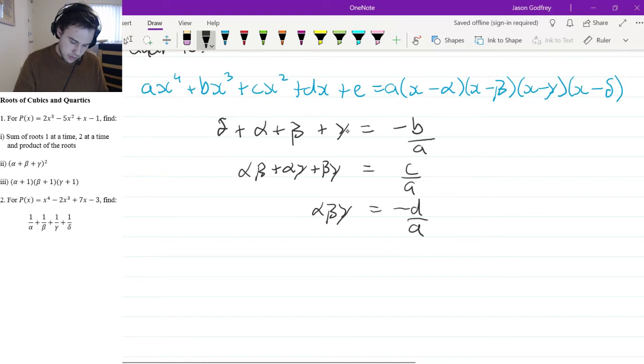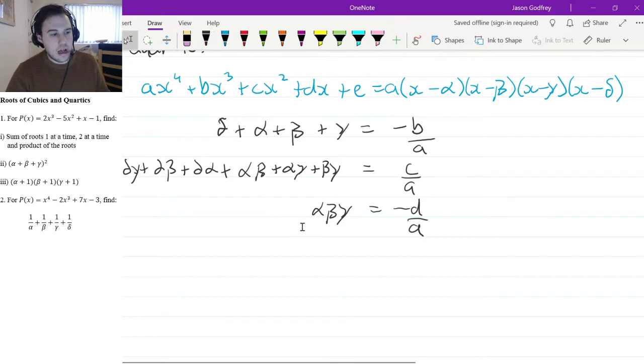So we've got all these combinations, but with delta. We've got delta times alpha, delta times beta, and delta times gamma. That makes 6 terms that are the sum of the roots 2 at a time, right? For a cubic, alpha, beta, gamma, there were only 3 roots there.